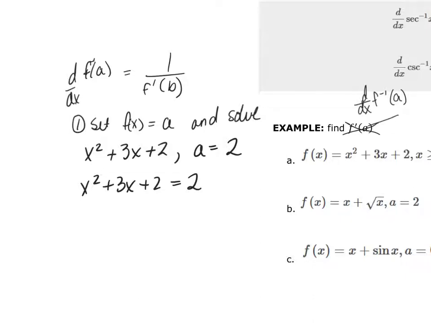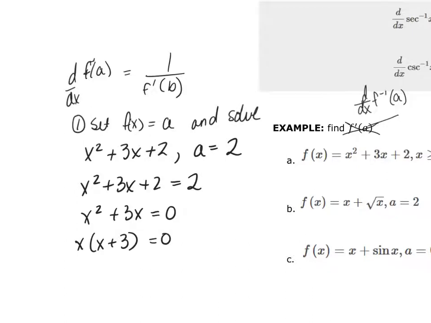It's a quadratic, so I bring everything to the left-hand side, and I get x squared plus 3x is equal to 0. Now I'm going to factor it. I'm not going to use the quadratic formula. I have two terms. The greatest common factor is x, so I factor out an x, leaving x plus 3.